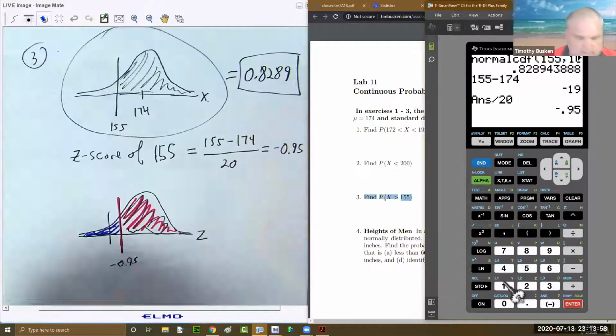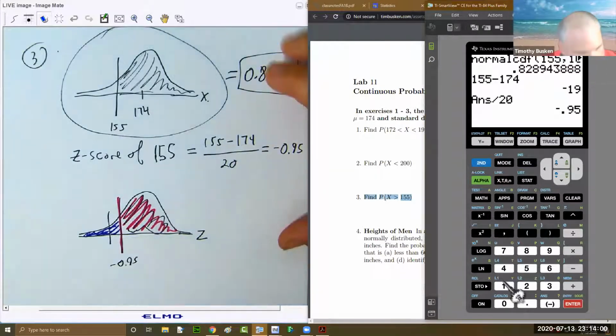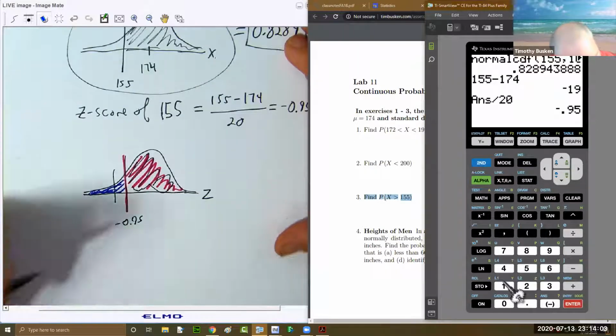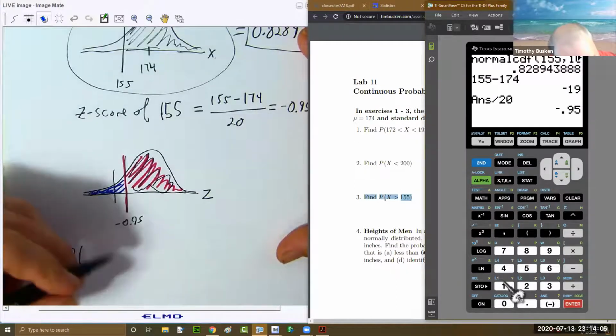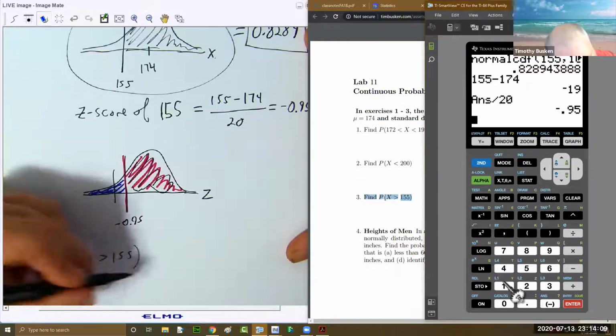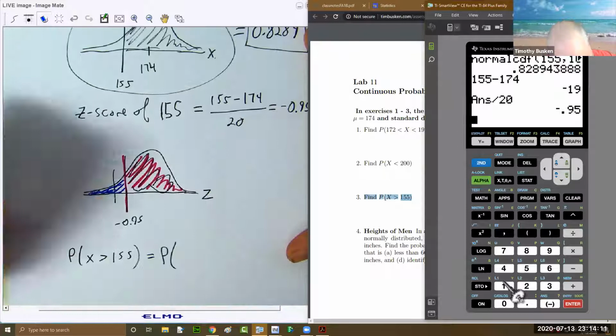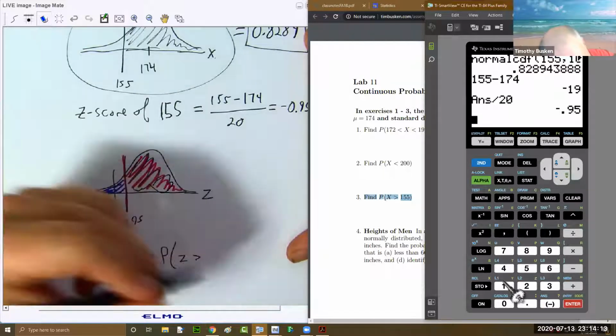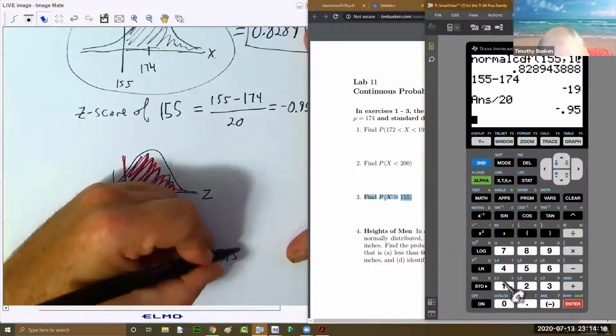Okay, so the way to do this is, the probability that X is greater than 155 is equal to the probability that Z is greater than negative 0.95.